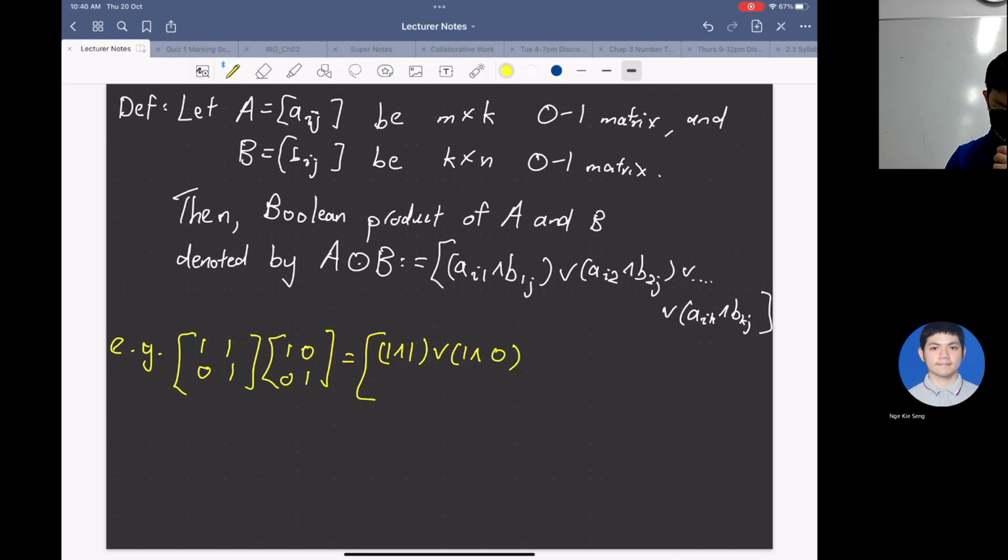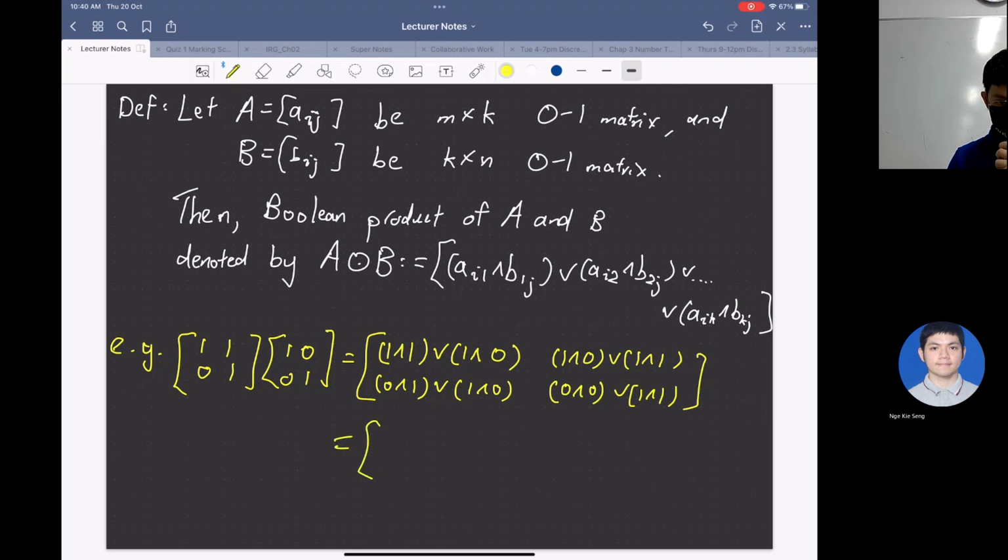And the second one, you get 1 and 0, or 0 and 1, or 1 and 0, and then 0 and 0, or 1 and 1.